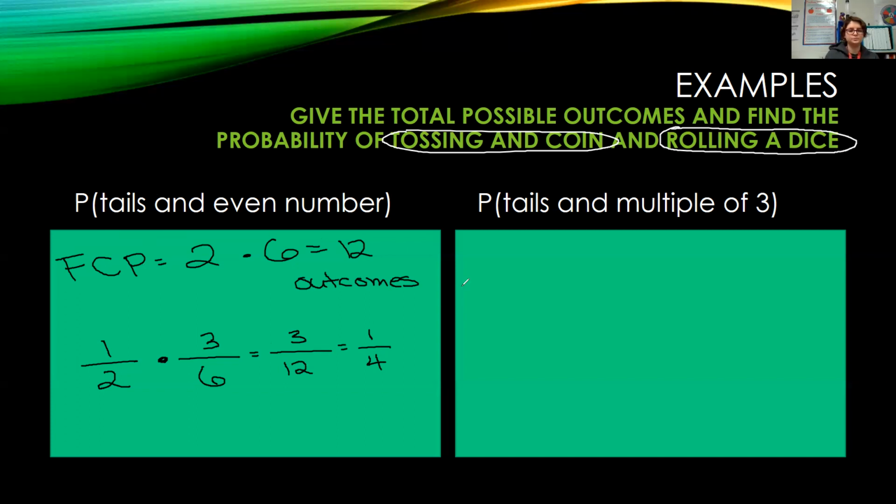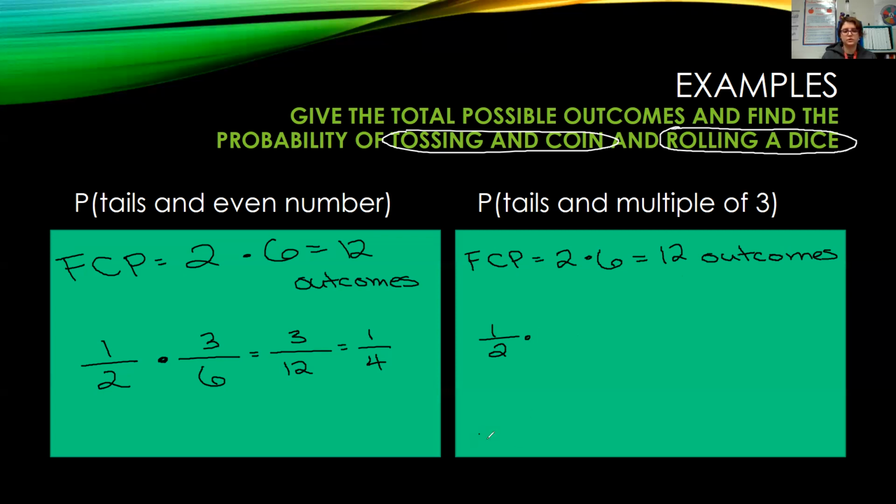So let's find our fundamental counting principle for the next one. It's the same coin with 2 outcomes, the same dice with 6 outcomes, and so we'll have the same 12 possible outcomes. We want to know the chance of getting tails on our coin, that's 1 out of 2, times the chance of getting a multiple of 3.